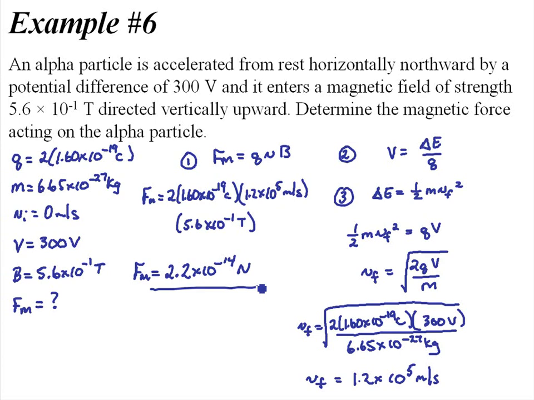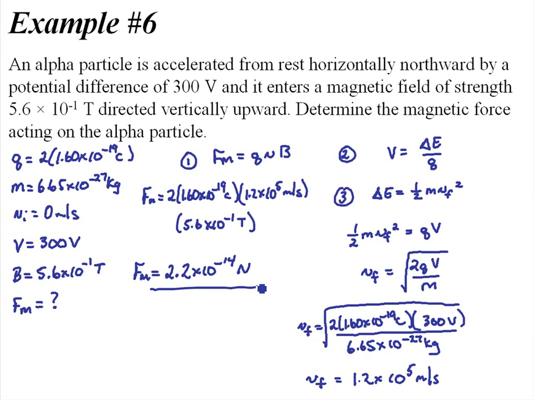So before I go and do that and walk away from this slide here, once you're given a potential difference, we can use that to figure out the velocity. Once we have the velocity, we can figure out the force.